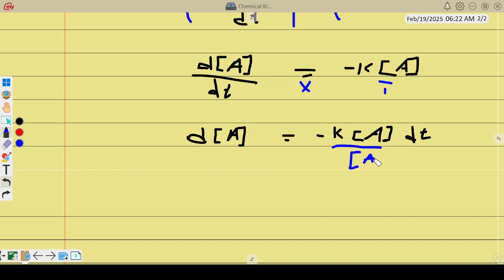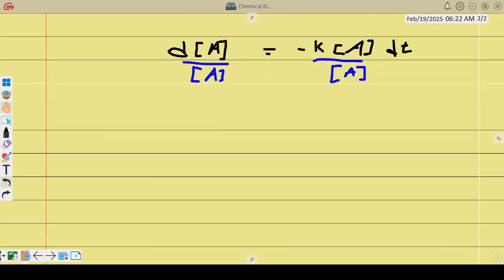So we divide by the concentration of A, even here we divide by the concentration of A, and our resulting form now is dA over the concentration of A, and this will be equal to -k. The A cancels, and we remain with dt.